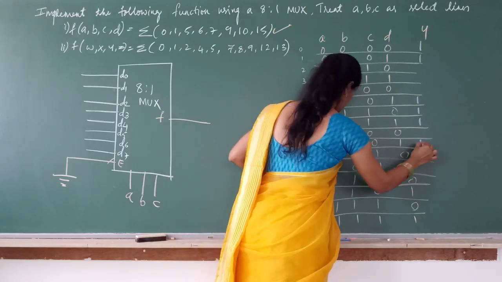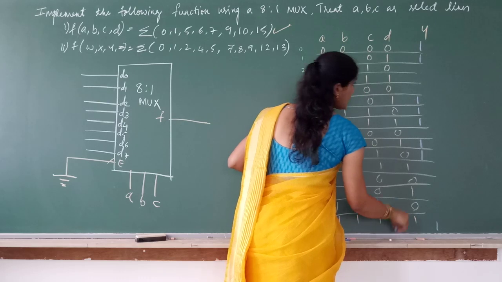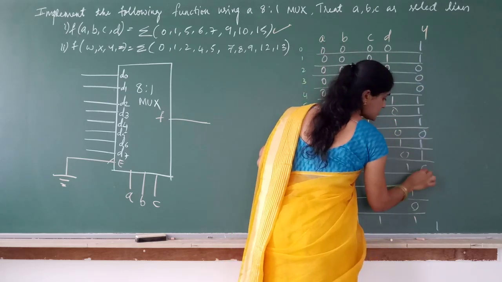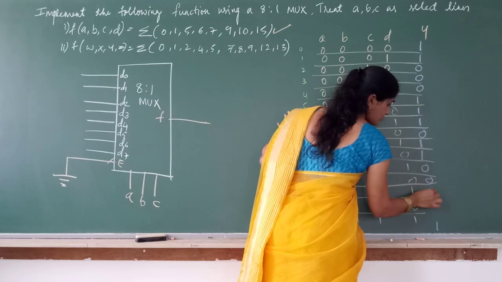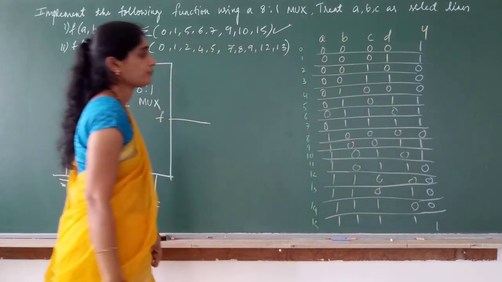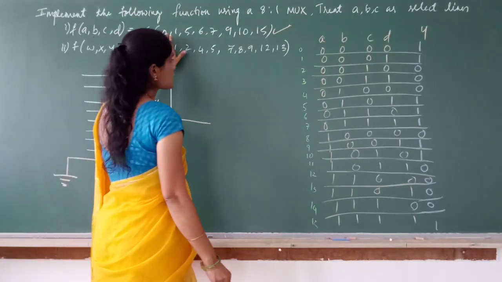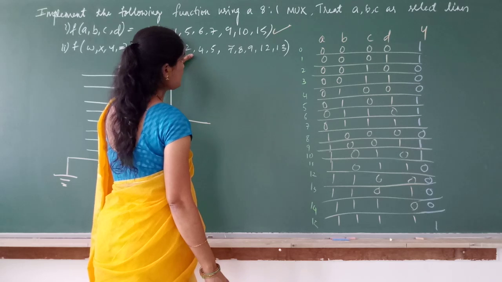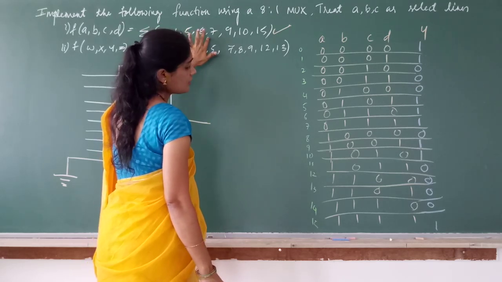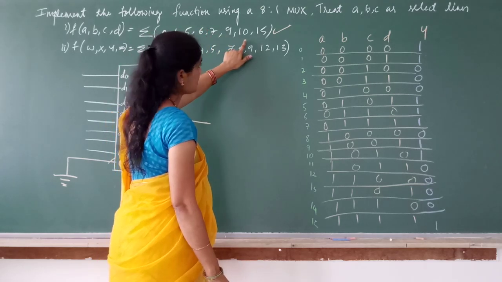For all the remaining combinations, the output will be equal to 0. Yes? Okay. Let me check again: 0, 1, 5, 6, 7, 9, 10 and 15.